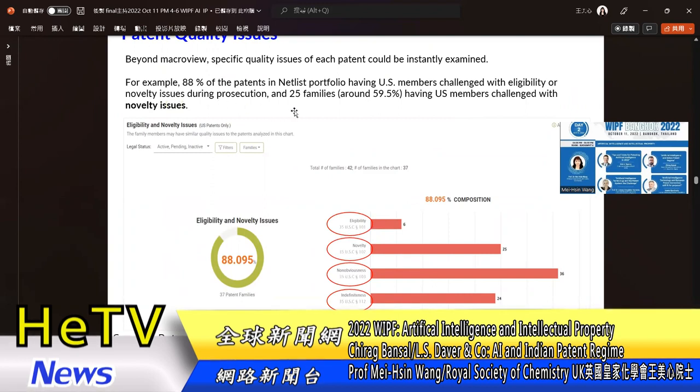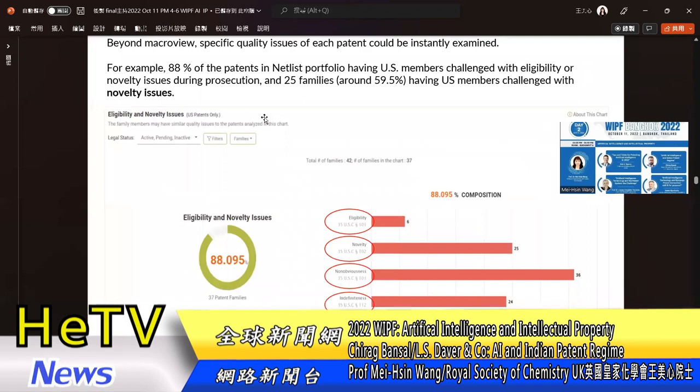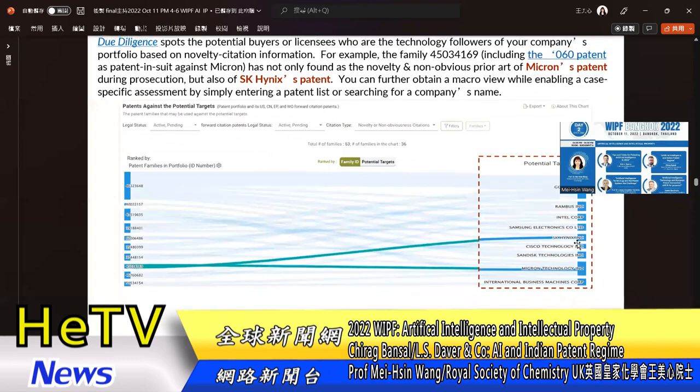And there are 25 families, around 59.5%, that have had US office action challenges with novelty issues. So with just a few clicks, you can figure out the eligibility, novelty, non-obviousness, and indefiniteness grounds for the weaker patents, where you will be most likely to succeed in your patent due diligence, monetization, infringement suit, whatever.